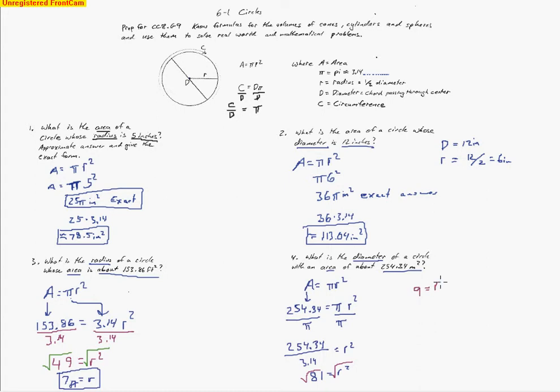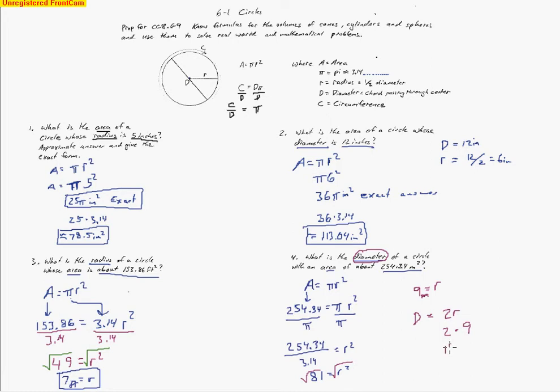So 9 meters. But remember, they wanted the diameter. So again, the diameter is double the radius. So what we have to do is take that radius and double it. So I'm going to do 2 times 9. Again, this is the meters units here. It looks like some sort of number, but that was an M for meters.